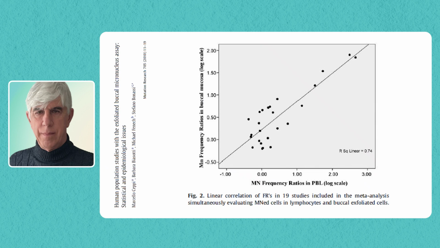But now, as an international collaborative group on micronuclei, we were considering that exfoliated cells have a number of advantages. You can take the samples from children. If you are planning a study in an exposed general population, you have a number of ethical constraints.